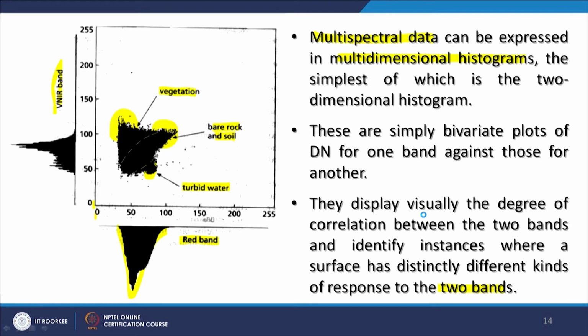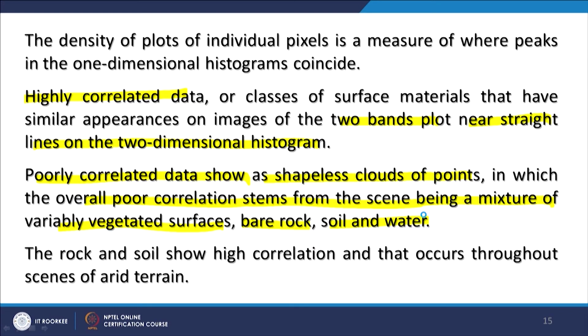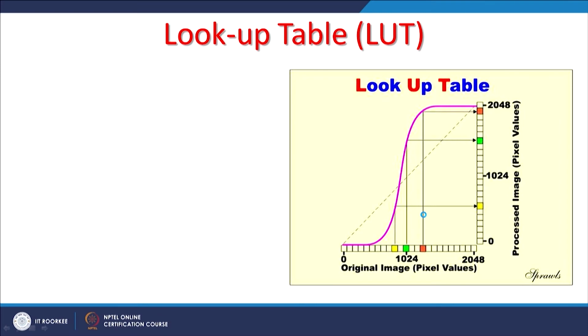So, there is no linearity in the distribution of pixel values. Now, different rocks and soils show high correlation throughout a scene of arid terrain. If you have a dry terrain without vegetation cover, then they may show almost similar characteristics.